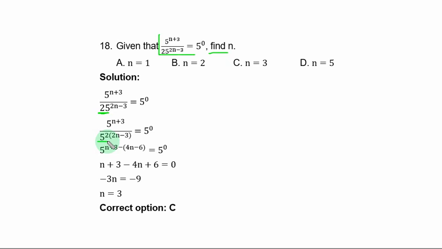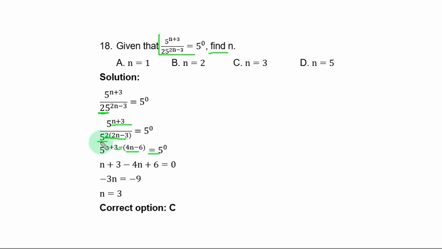You need to subtract the powers because of the division law of indices. When numbers with the same bases are divided, their powers are subtracted. So you start with the power of the base in the numerator, that is n plus 3. Then this is minus for the division. So if you expand this power here, you have 4n minus 6 equal to 5 power 0.